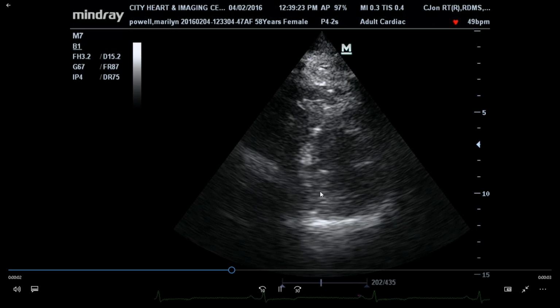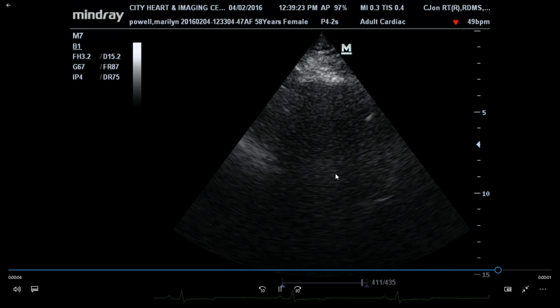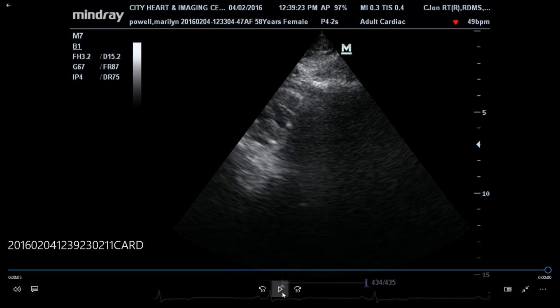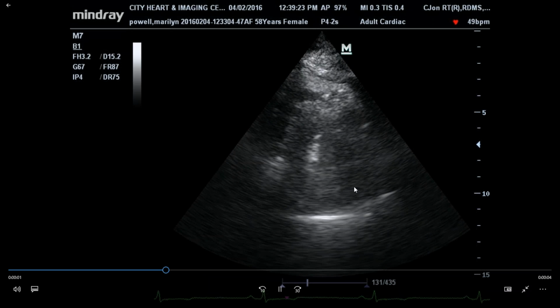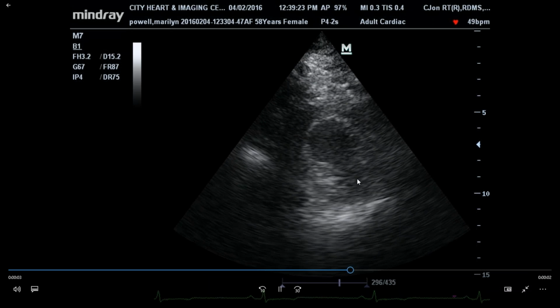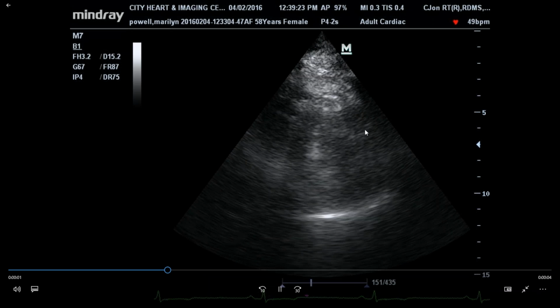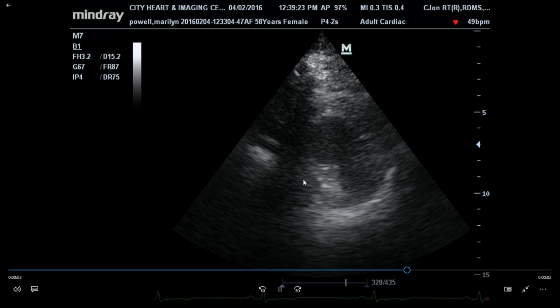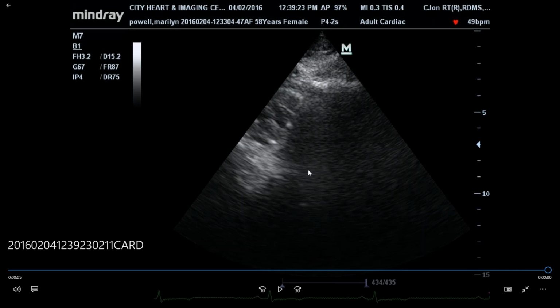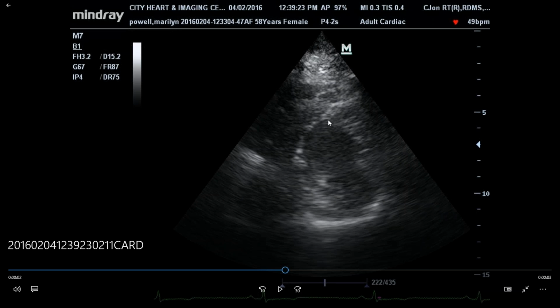But in the mid-cavitary level, you still have 6 segments. Remember, we do segments. So you still have 6 segments, where this is the anterior wall, inferior wall, lateral wall, and then this is your septum.